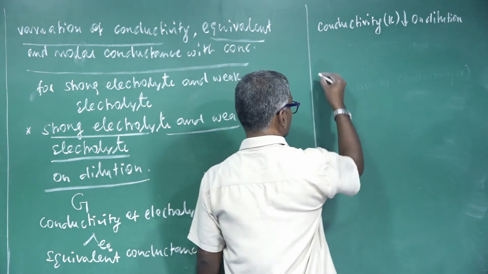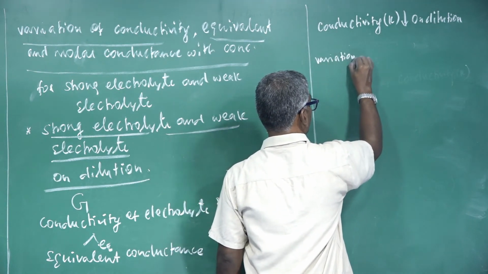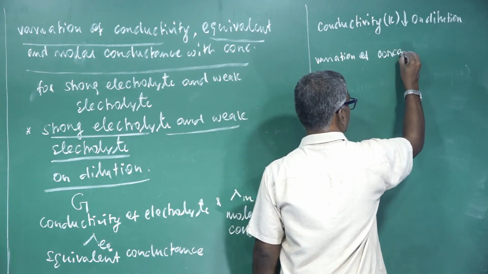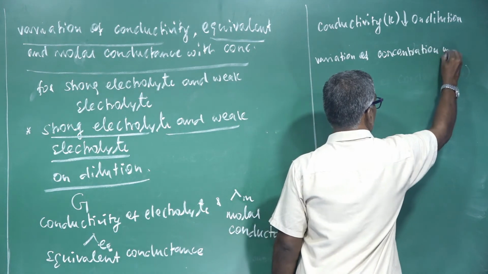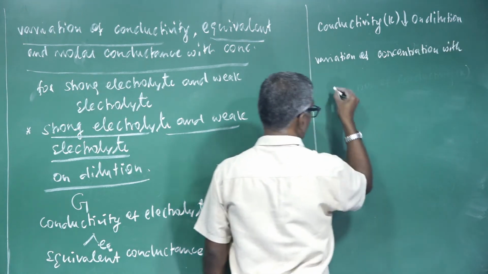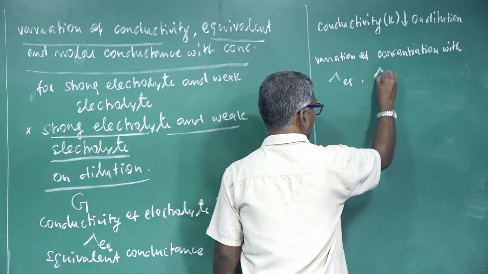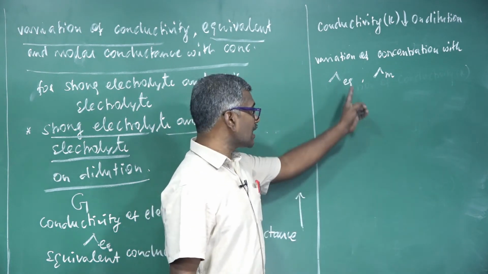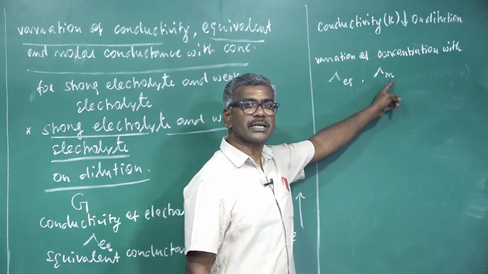Another point: variation of concentration with lambda equivalent and lambda M. Lambda equivalent is nothing but equivalent conductance, and lambda M is nothing but molar conductance.